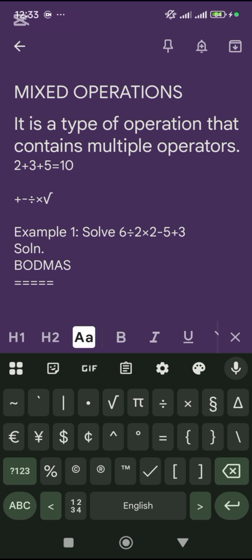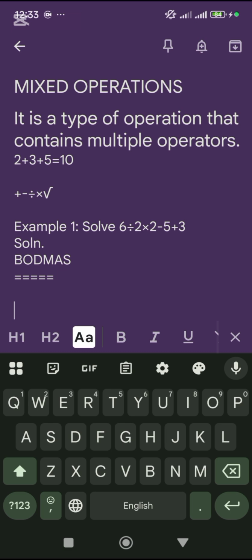However, something unique happens when you have division and multiplication in sequence, and it does not matter which comes first: you do it from left to right. The same applies for addition and subtraction; you do it from left to right.